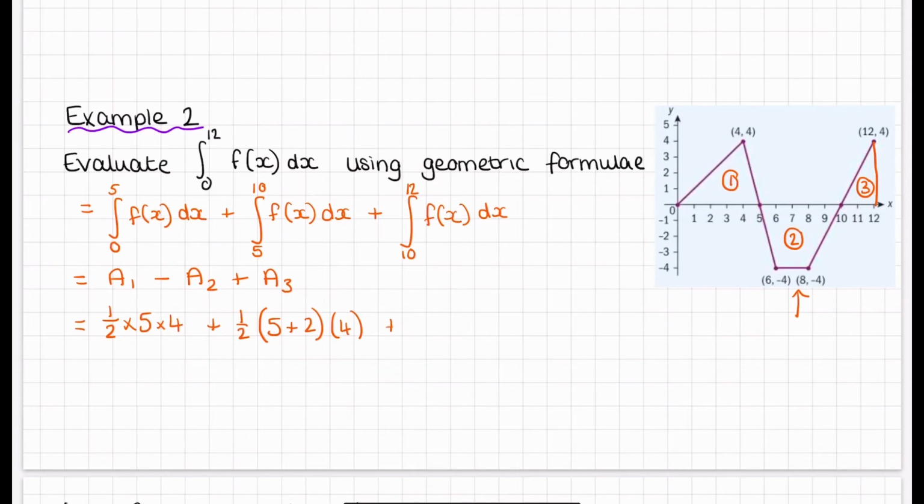And the last area of a triangle is half times the base, which is 2, times the height, which is 4. That will give us 10 minus 14 plus 4, which equals 0. Obviously we know the area of this isn't 0, but because we have that negative, it counteracts with the positive areas and we end up with 0.